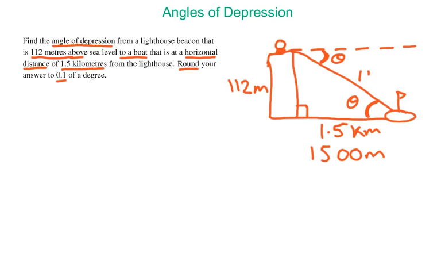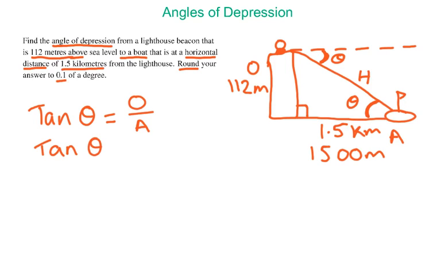This is my hypotenuse, this is my opposite, and this is my adjacent. I can't use anything with an h in it, which leaves me with tan theta is equal to opposite over adjacent. I am trying to find out what theta is. My opposite is 112 metres and my adjacent is 1,500 metres.